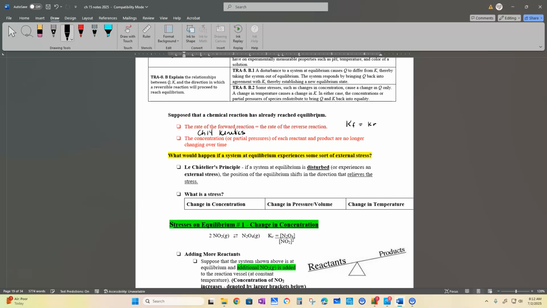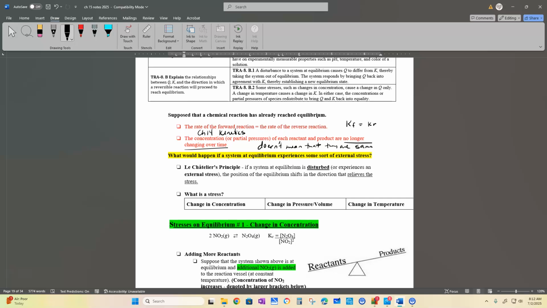At equilibrium, your forward and reverse rates are the same. Your concentrations or pressures for the reactants and products are no longer changing over time. But remember, it does not mean that they are the same, which I think we saw with ICE charts.